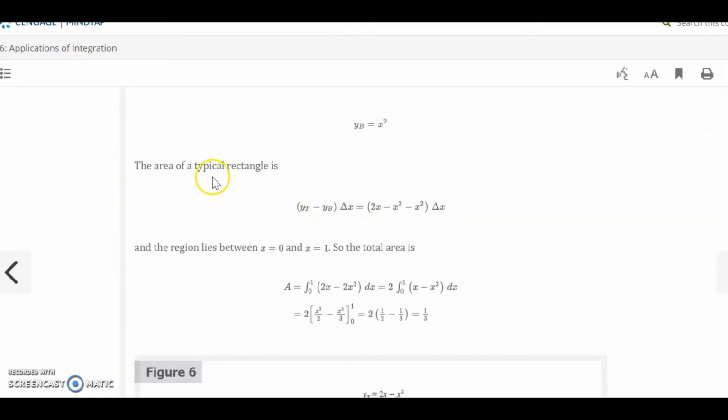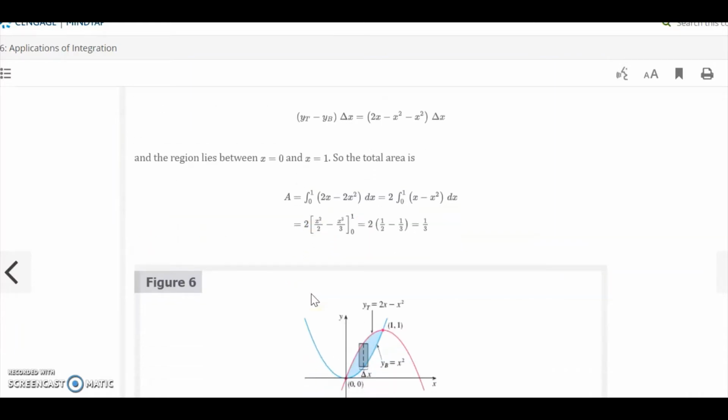Okay, so again, looking at this, the area of a typical rectangle is this function right here. Okay, so we're basically integrating from 0 to 1 because again, we're looking at the x values. Sometimes you'll find that it's easier to look at the y values and use y as a function of x instead of vice versa.